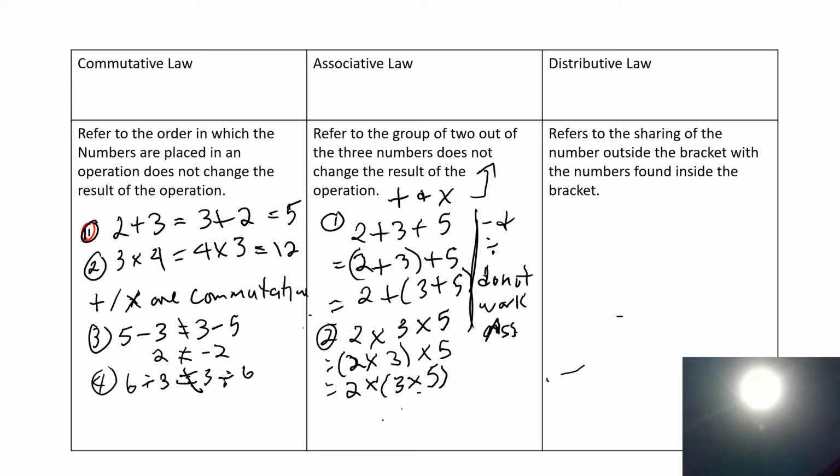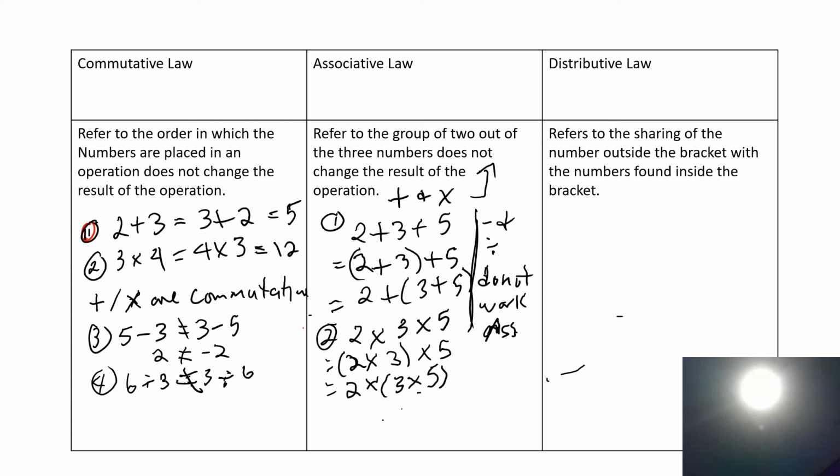The last one is the distributive law. And the distributive law, we said, refers to the sharing of a number outside the bracket with the numbers that are found inside the bracket. Of course, that means that we're dealing with multiplication with addition or subtraction inside the bracket.